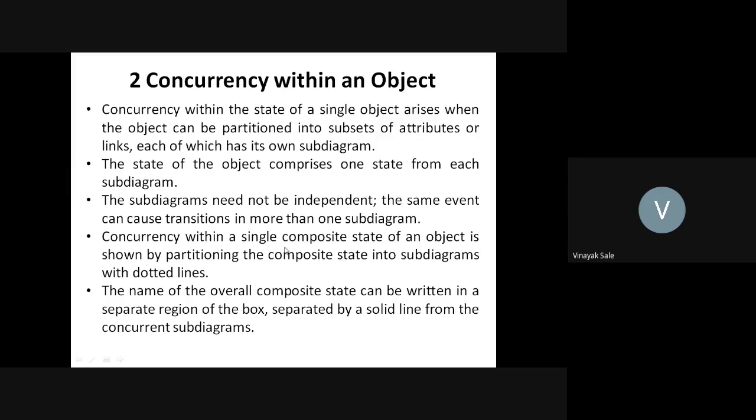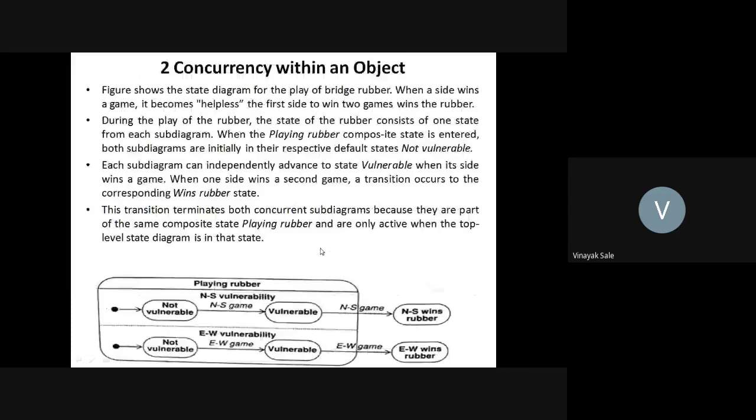Concurrency within a single composite state of an object is shown by partitioning the composite state into subdiagrams with dotted lines. The name of the overall composite state can be written in a separate region in the box, separated by a solid line from the concurrent subdiagrams.